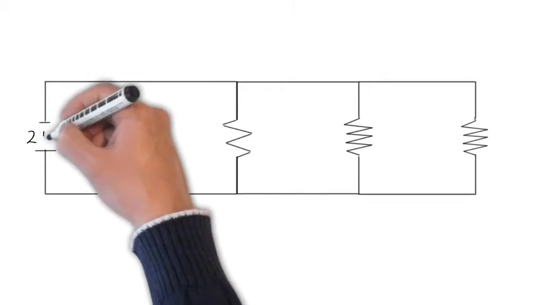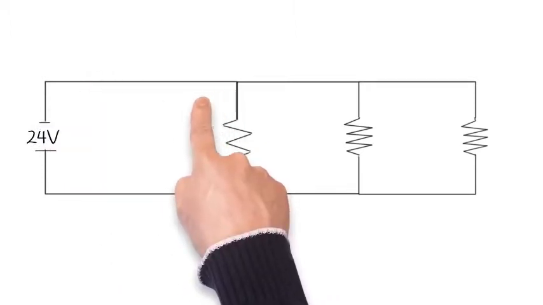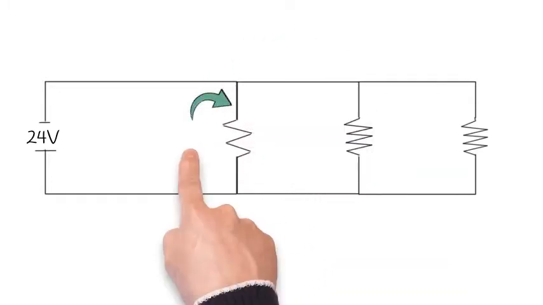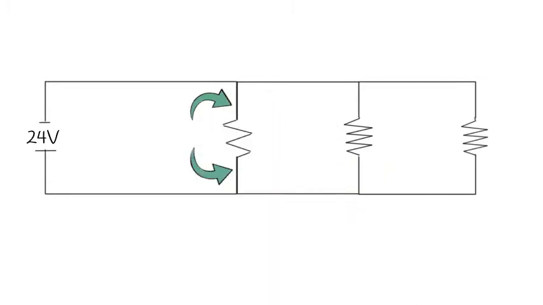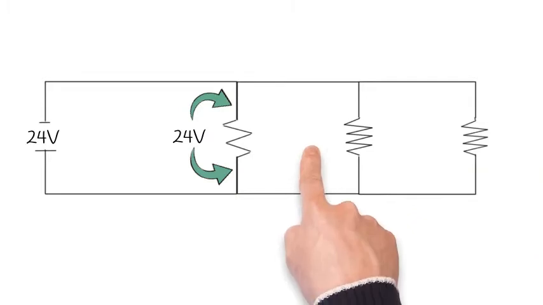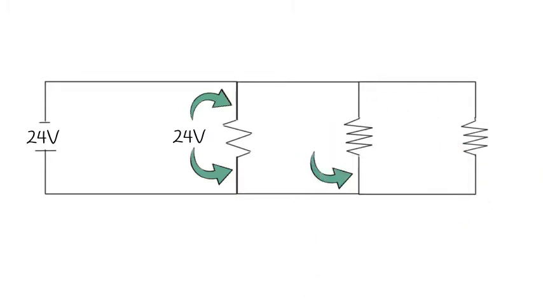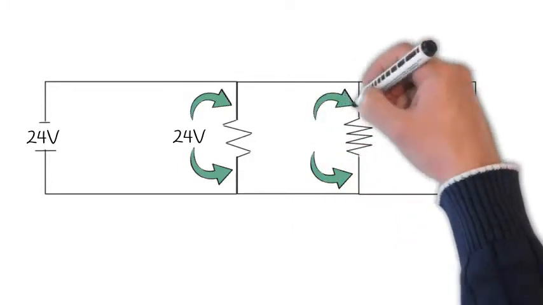Kirchhoff's voltage law states that in any closed loop network, the total voltage around the loop is equal to the sum of all the voltage drops within the same loop, which is also zero. In other words, the algebraic sum of all the voltages within the loop must equal zero.